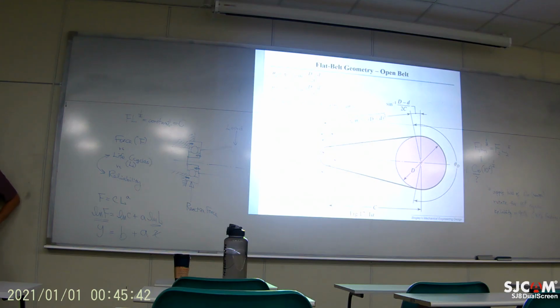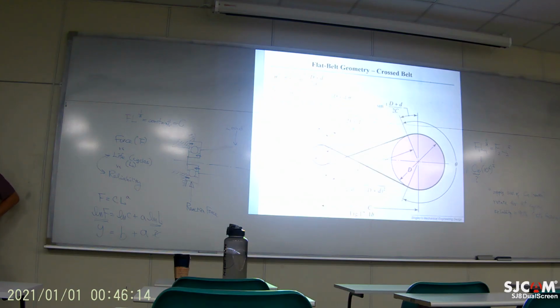So there's usually a geometrical calculation about the estimated length of the belt. So when you purchase a belt, you know the length. Or if you already have purchased a belt with certain length, then you can use it to design for the distance between two pulleys. Basically, over here, the distance C.